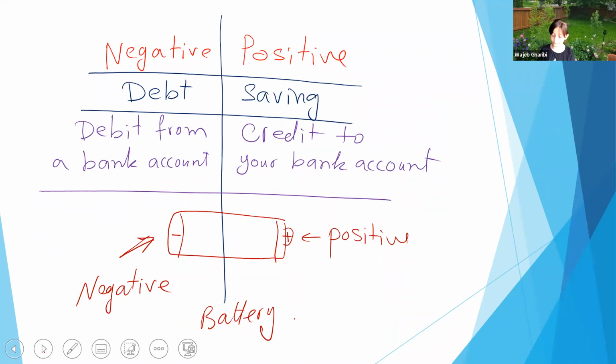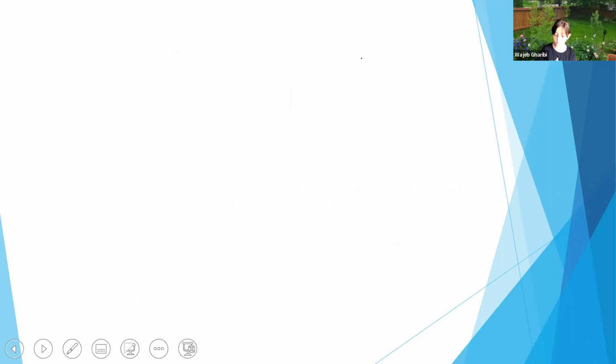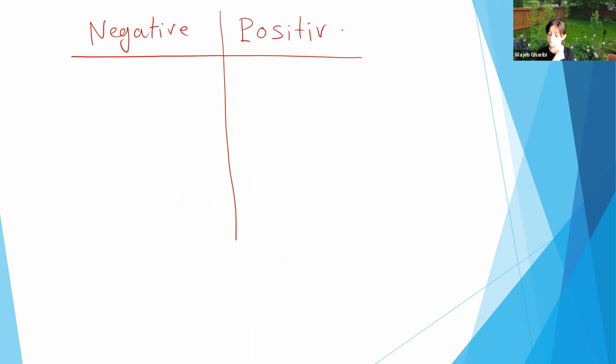Okay, let's have some more examples. Negative electric charge and positive electric charge. One more thing, below zero temperature and above zero temperature.